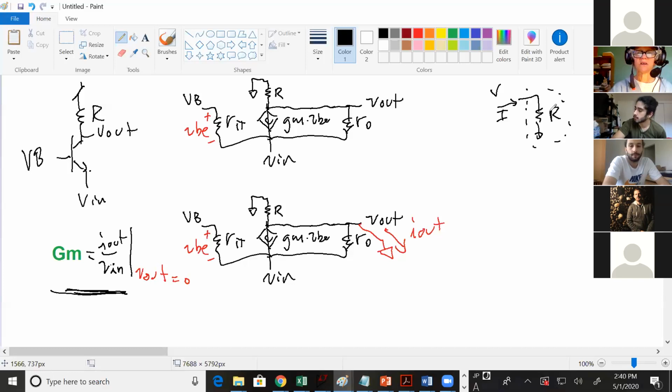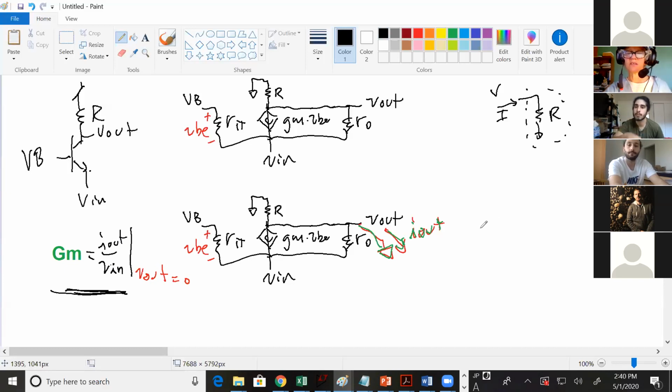Okay, so we did the 2-port rule here, and we've drawn in I out. What I like to do, if I'm trying to find big GM, is look at its equation. The equation for GM is I out over V in. I find that KCL works best for me. So I look for a current in this equation, and V in is a voltage.